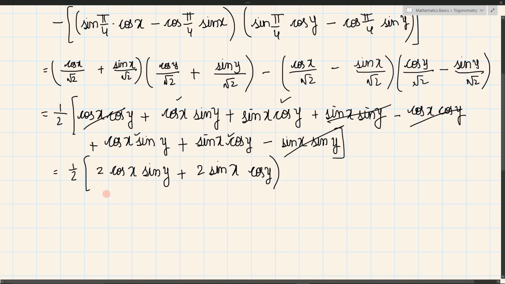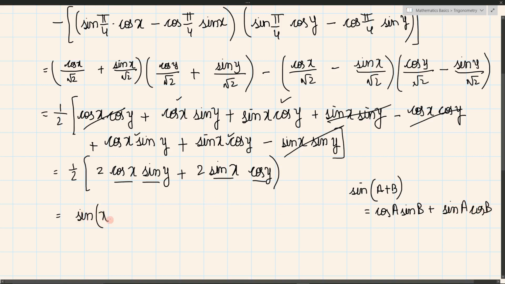Okay, so let's take 2 common and this will be cancelled. What is remaining is cos x sin y and sin x cos y. This is in the form of sine of a plus b. Sine of a plus b is given as cos a sin b plus sin a cos b, right? So this can be written as sine of x plus y. Therefore LHS is equal to RHS.